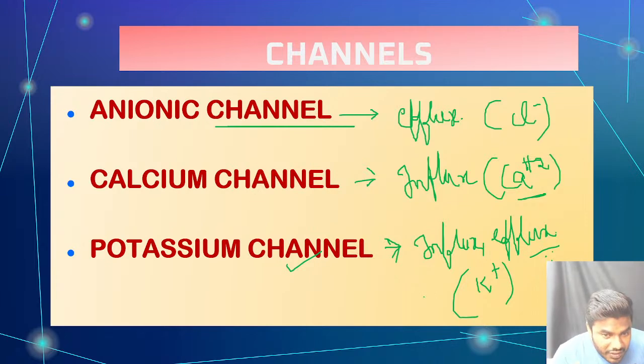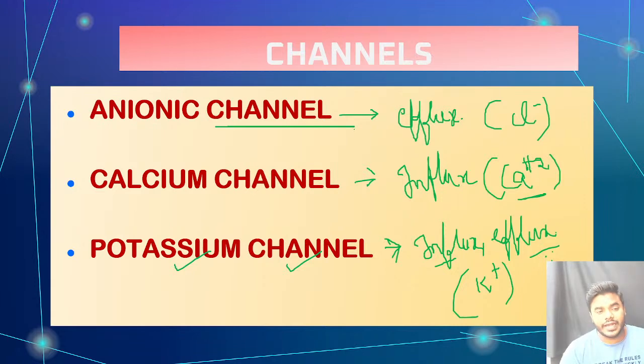Potassium comes inside when the positive charge is very low. When the potassium concentration is more than normal, obviously potassium is going out. So it's a very simple way. Potassium inward and outward movement can be mediated by the potassium channel.